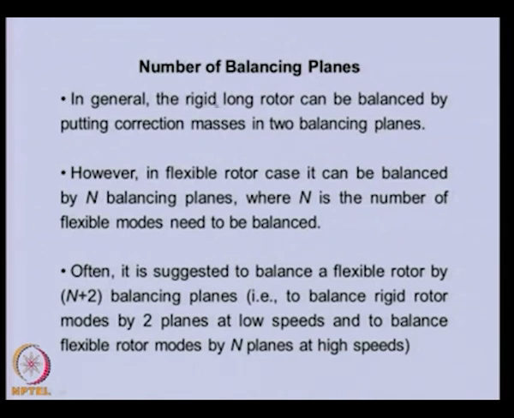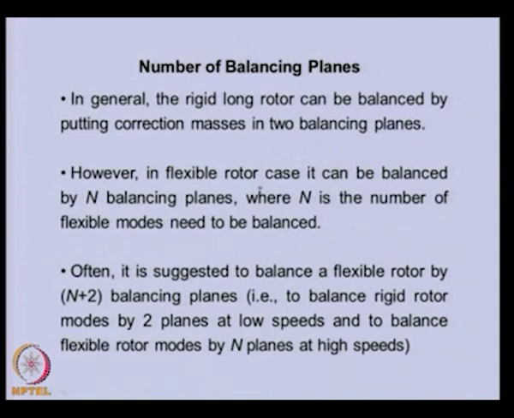In general, a rigid and long rotor can be balanced by two balancing planes, but for a flexible rotor we need n balancing planes, where n is the number of flexible modes we need to balance. That means if we are operating the flexible rotor above the third critical speed, then 3 planes will be required to balance such a flexible rotor.